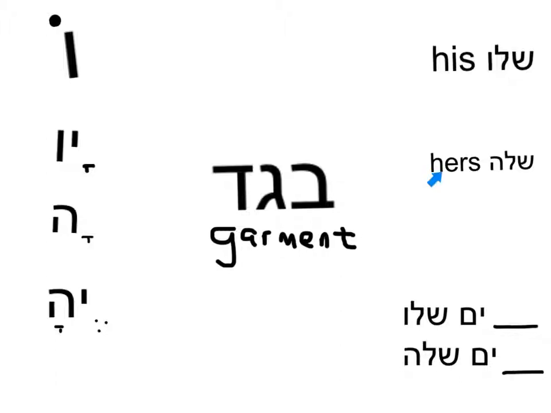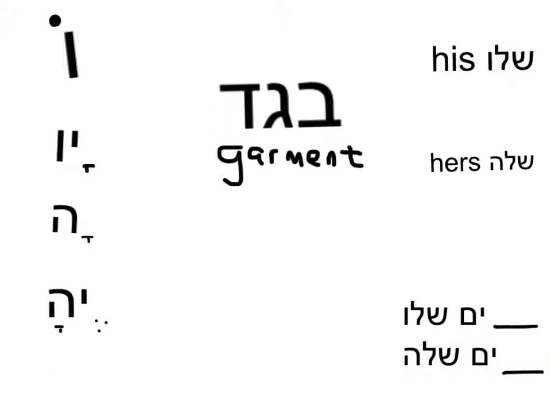Now, just a refresher, when you add a suffix, yud mem, at the end of a noun, it means more than one of. For those who remember, a little more complicated, yud mem means lashon zachar, masculine, but all you need to know for this video is that yud mem at the end of a word means more than one object. So, let's experiment with this and see what happens.